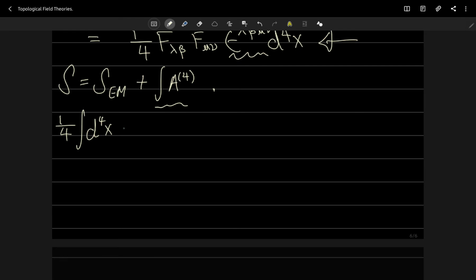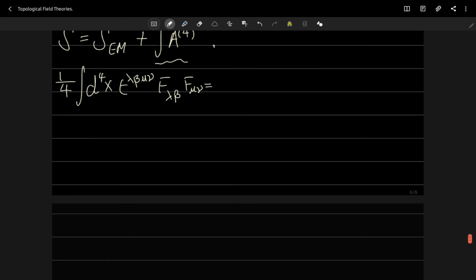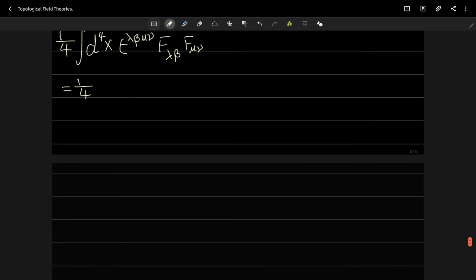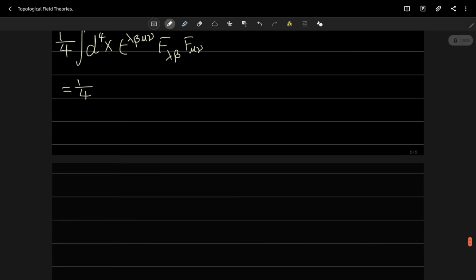d4x epsilon lambda beta mu nu F lambda beta F mu nu. This is equal to... will I have space? I don't think so. Let me just write it down over here. It is equal to 1 over 4 integral d4x epsilon lambda beta mu nu.